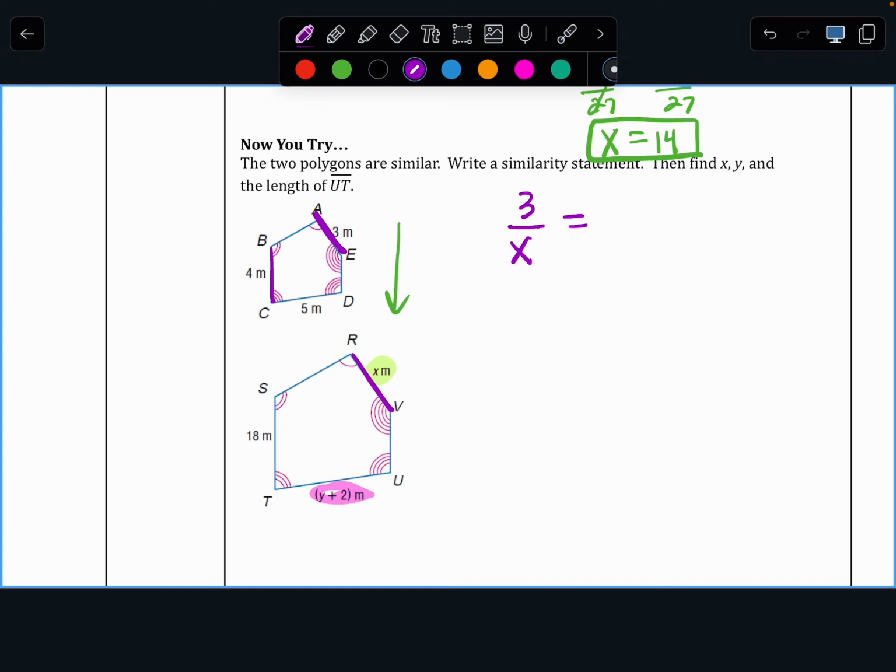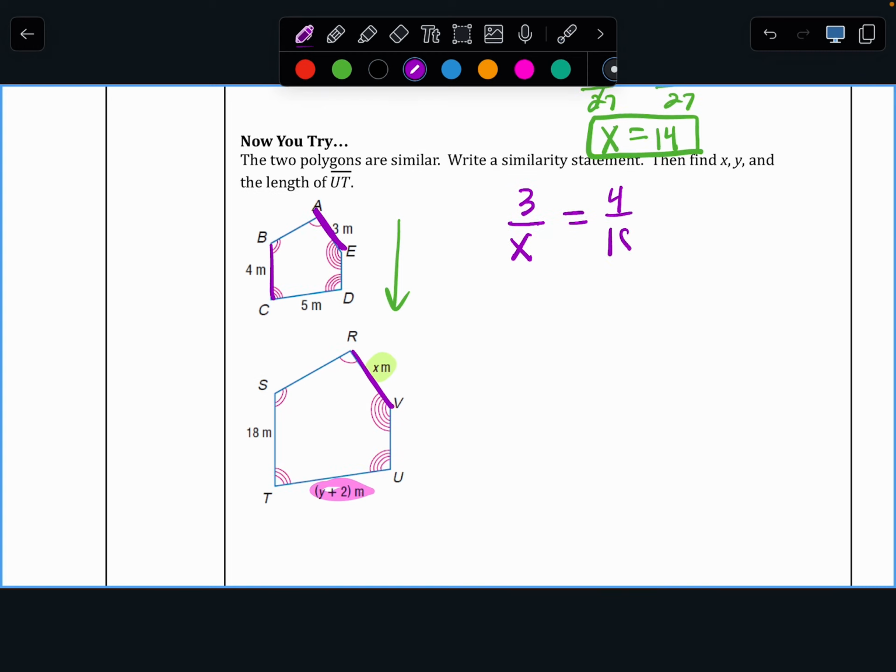So I'm going to use 4 over 18. So then you cross multiply. 4x equals 54. And then we divide.